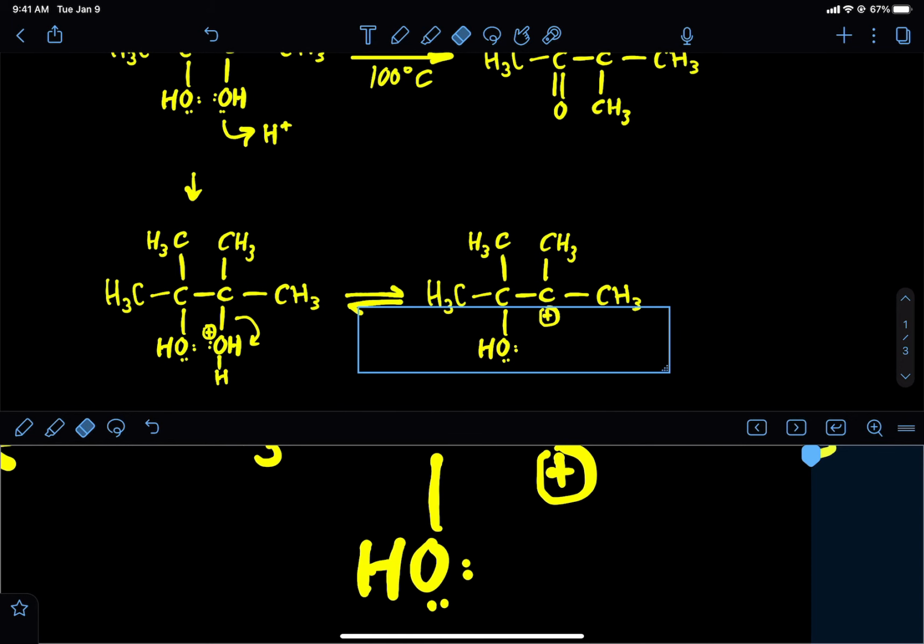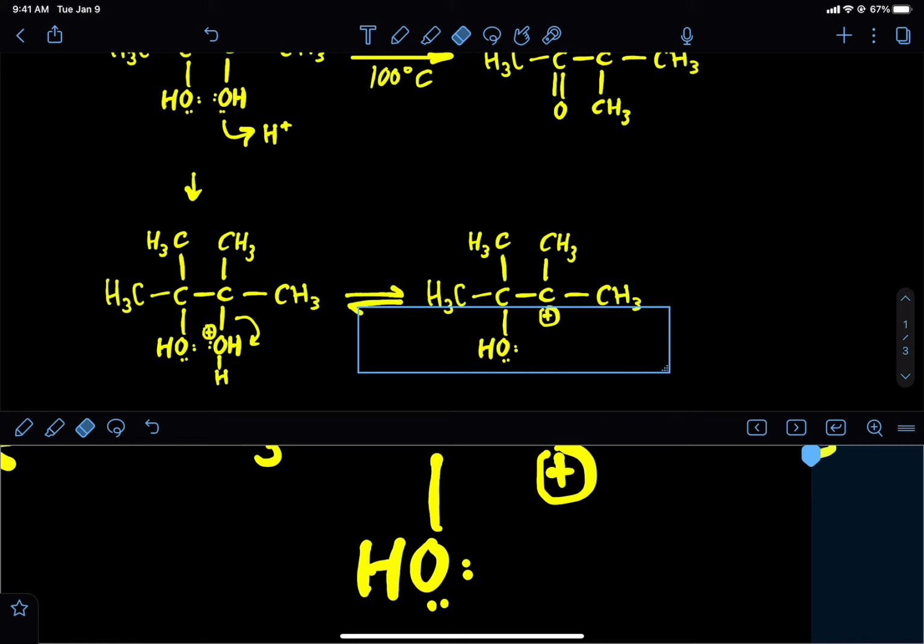Why would a methyl want to migrate at this point? Remember that anytime you have a methyl shift or a hydride shift for that matter, or a ring shift for that matter, the only reason it happens is when the carbocation would be more stable as a result of it.